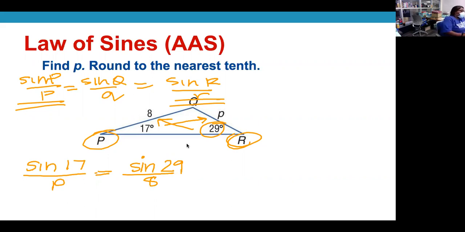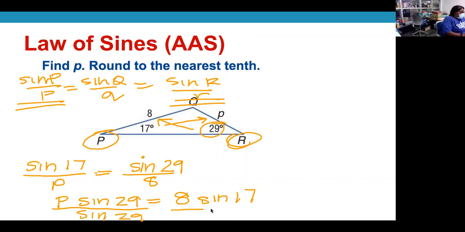I'm going to do the cross product to get P. So P sine 29 is equal to 8 times the sine of 17. Then in order to solve for P, I'm going to divide both sides by the sine of 29. And that's going to get me P.